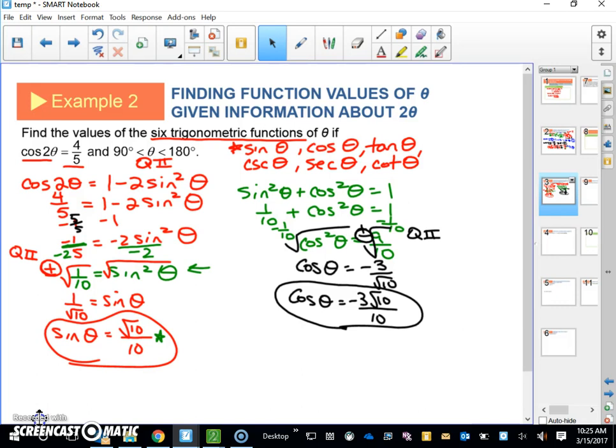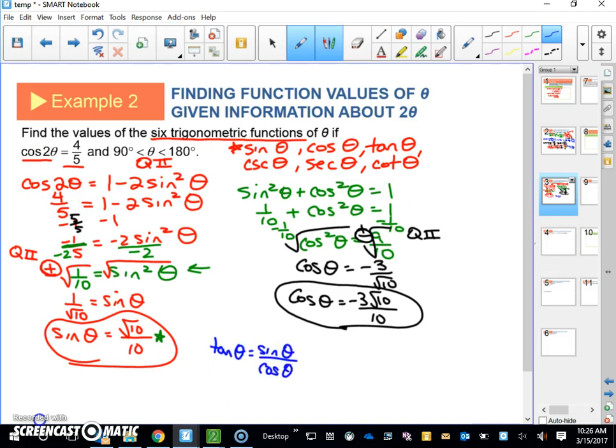Tangent theta, again, I've got options, but I think the easiest way to find tangent theta is do a sine over cosine. So if I was going to do tangent theta, I might do sine theta over cosine theta. And so we're going to divide our sine theta value over our cosine theta value. Now, here's a hint.